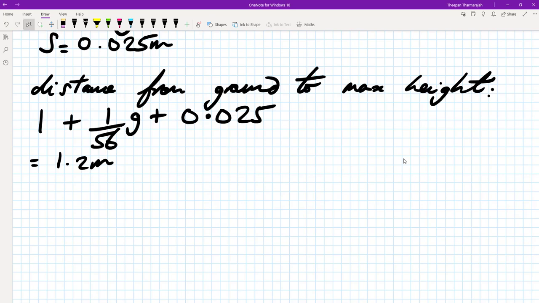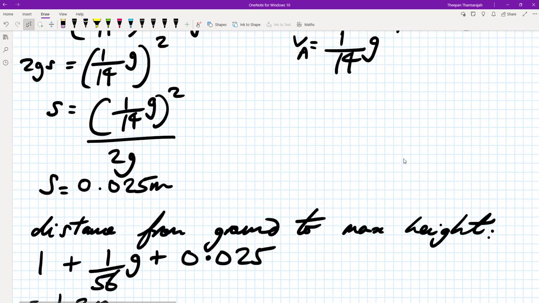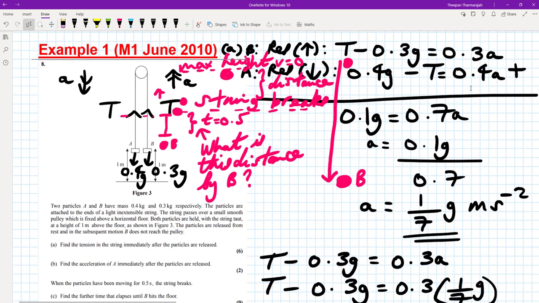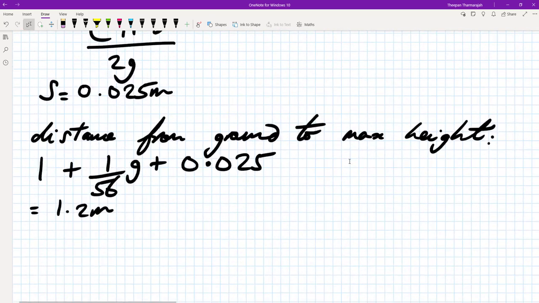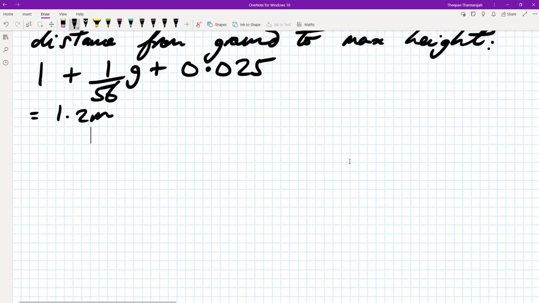So what happens when B falls downwards, if you go back to our diagram here, it falls from the maximum height down by a distance of 1.2, and B is going downwards. So we're going to do SUVAT for that, to find the time from max height to the ground.